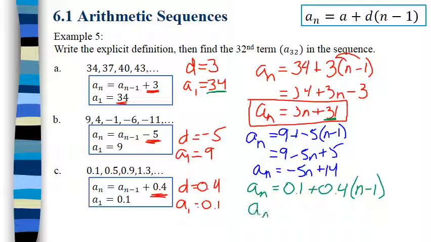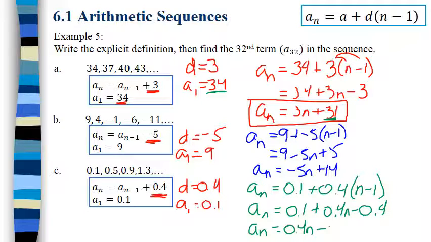And so a sub n equals 1/10 plus 4/10 n minus 4/10. When we simplify, we get a sub n equals 4/10 n minus 3/10. And so that's our other formula.